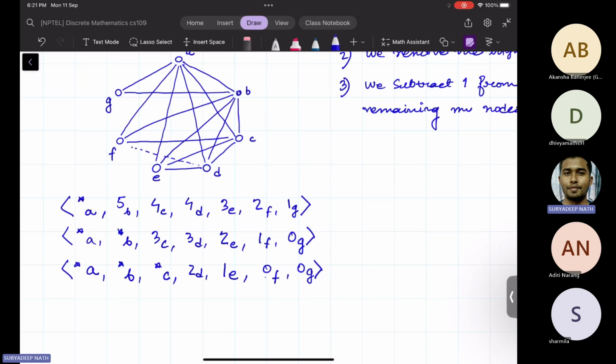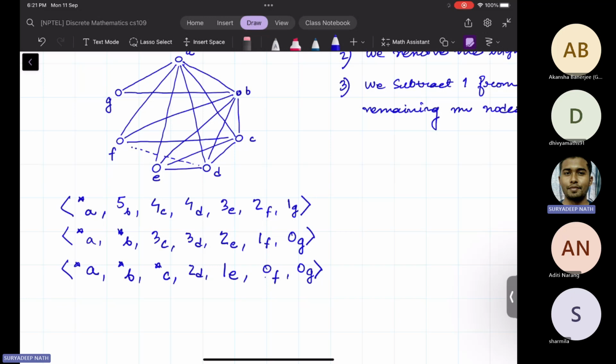D has to get an additional degree of 2, but only e is available to take one edge. F and g, since their values have reduced to 0, cannot take any extra edge. So we cannot produce one more extra edge out from d. Therefore this sequence is not a graphic sequence.